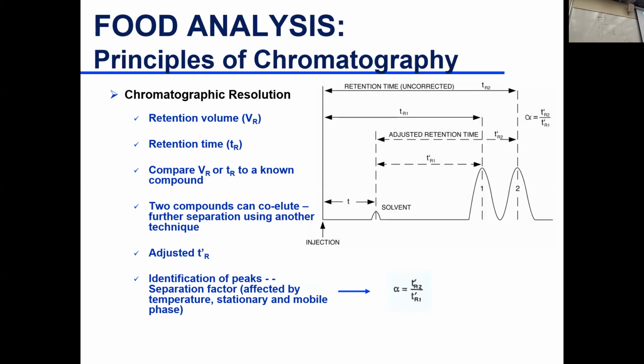That's the solvent time. So if we need the first peak, which time can we take for the first one? There is a retention time that you take from injection to here, or you can take the adjusted retention time. The adjusted retention time and the detect time are not the same.